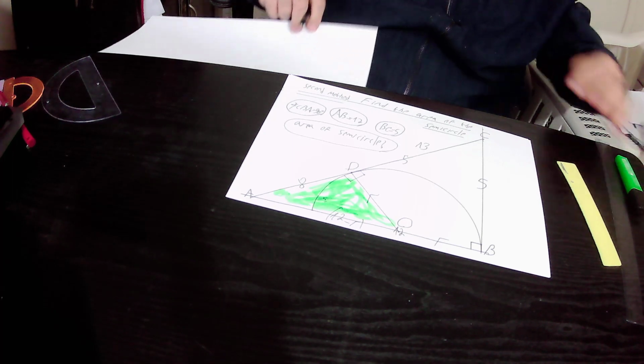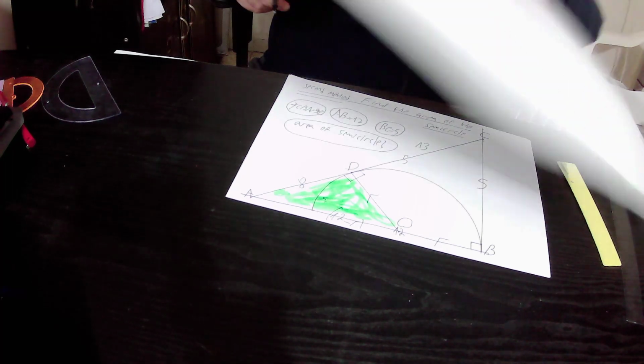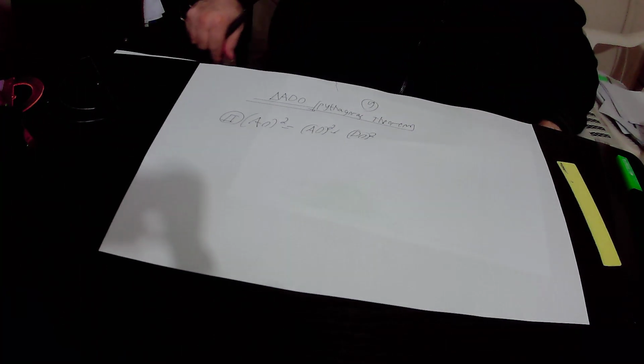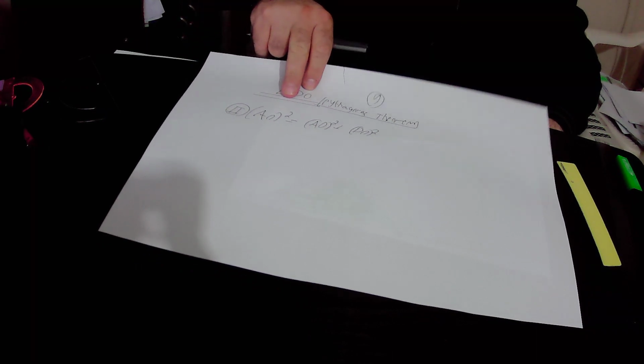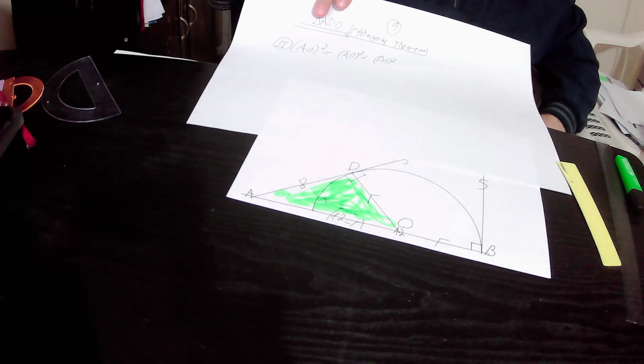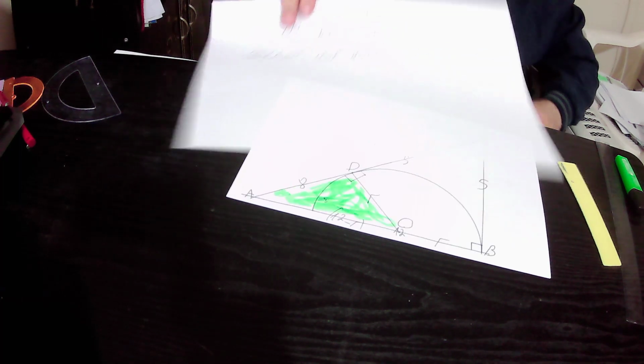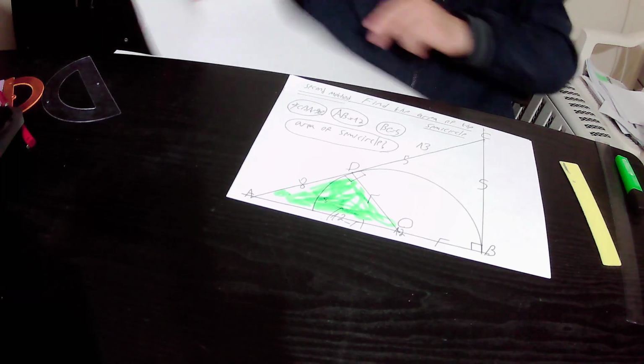I'll repeat again. In the right green triangle ADO, according to the Pythagoras theorem, AO squared equals AD squared plus DO squared.